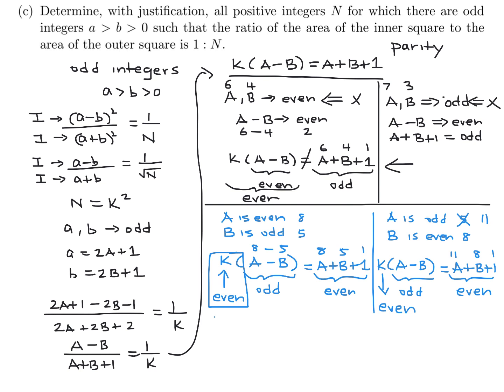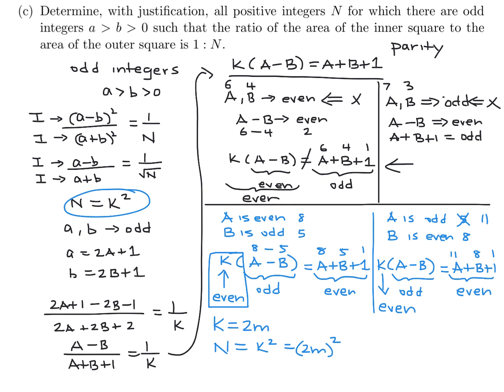So therefore, k is even, so k is of the form 2m. All even numbers are of the form 2m. But recall, n is equal to k squared. So n is k squared, so that means n is (2m) squared.